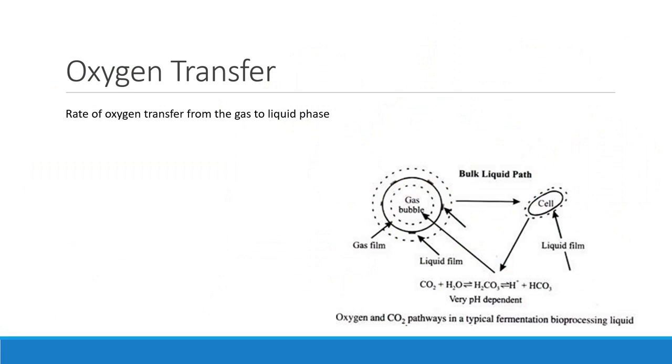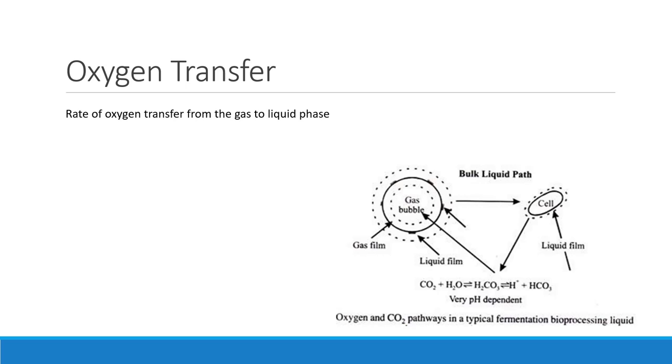biochemical reactions. Oxygen will be sparged into the reactor through spargers, and the oxygen transfer from gas bubbles to cells is usually limited by oxygen transfer through the liquid film surrounding the gas bubbles.